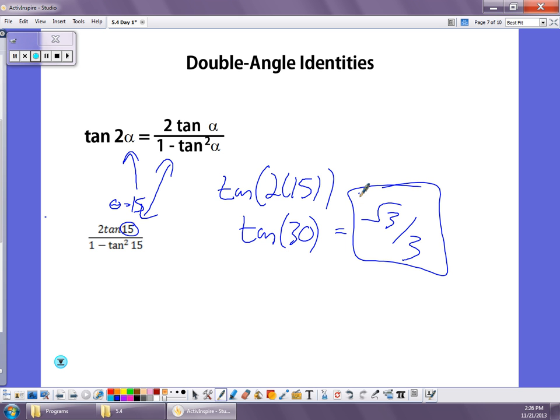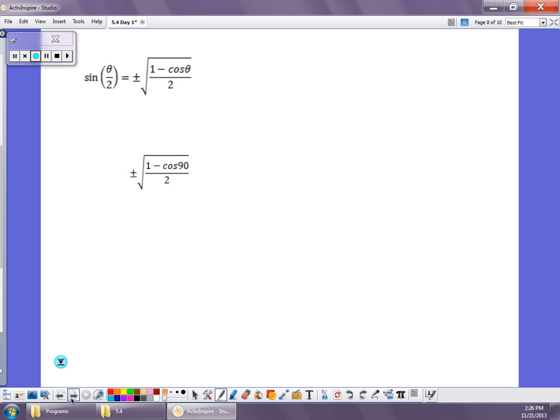All right, so those are all the double angle identities. There are 3 half angle identities. So this is the sine half angle identity. This equals plus or minus the square root of 1 minus cosine theta over 2. We're doing the same thing. We're looking for whatever our problem is to match that perfectly. So you see here it does. All the components are the same. Here my theta is 90 degrees.